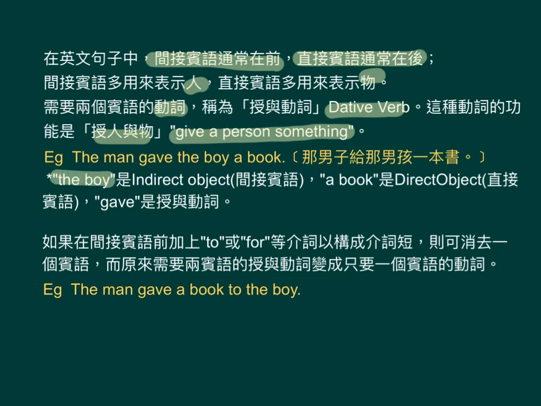The boy 係 indirect object, a book 係 direct object, gave 係授予動詞 dative verb。如果喺間接賓語前面加上 to 或者 for 等介詞以構成介詞短語,則可以消去一個賓語,而原來需要兩個賓語嘅授予動詞係變成只要一個賓語嘅動詞。For example, the man gave a book to the boy.